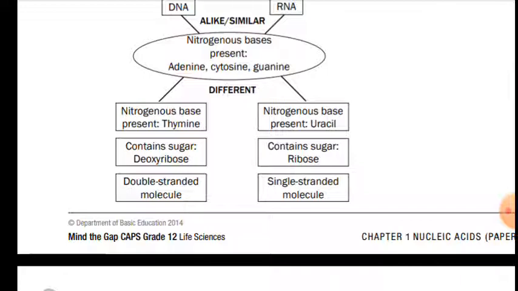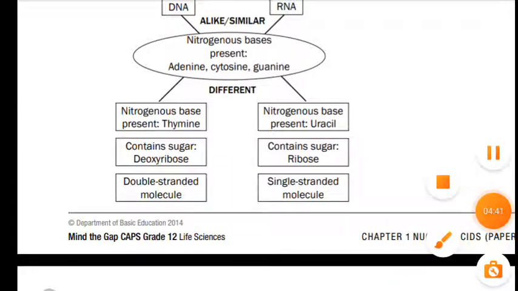So also the sugar, okay? Don't be confused on these parts, because some students were so confused about that. On the DNA, guys, the sugar is deoxyribose, and on the RNA, it is ribose. Just be careful with those.